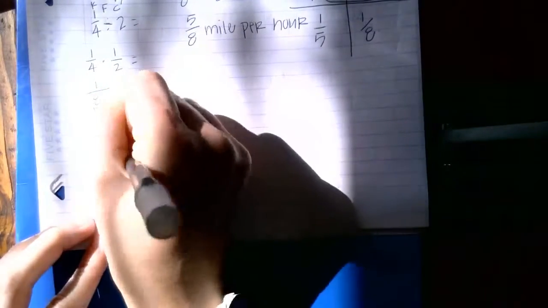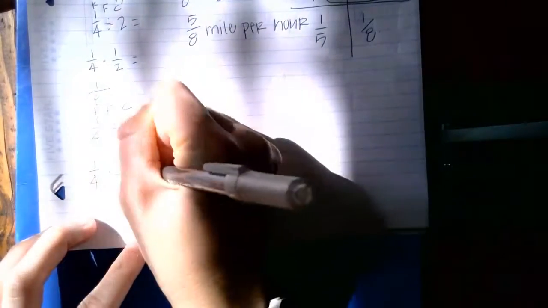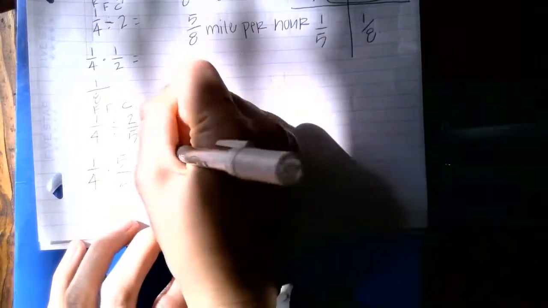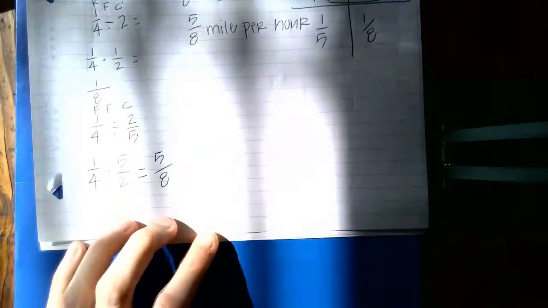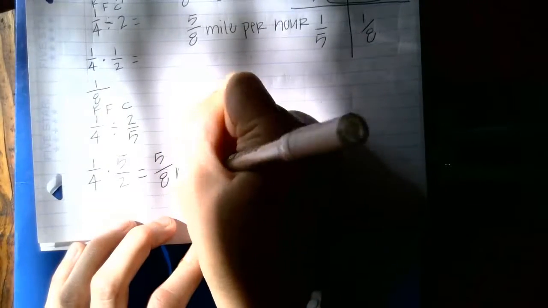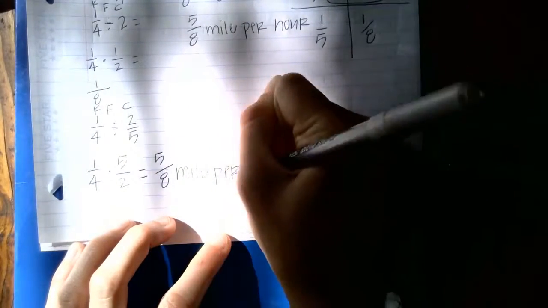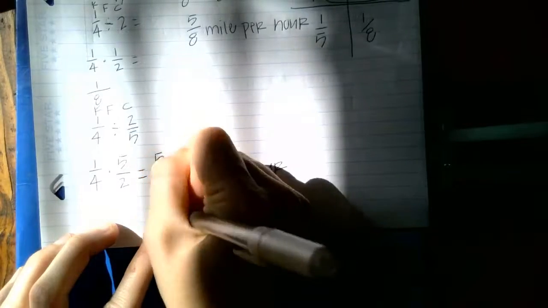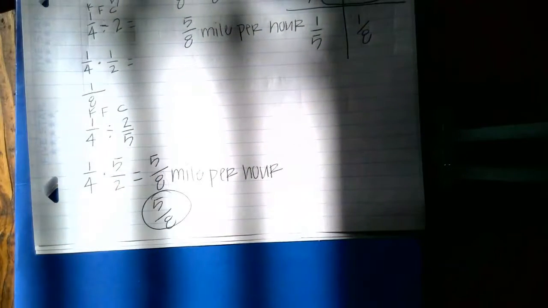So I'm going to multiply and take the reciprocal, so 1/4 times 5 over 2, and then multiply across, so 5 over 8, add my units, miles per hour for the unit rate. The unit rate would just be 5/8. Either of the three methods that you choose, you end up getting the same answer, 5/8 miles per hour.